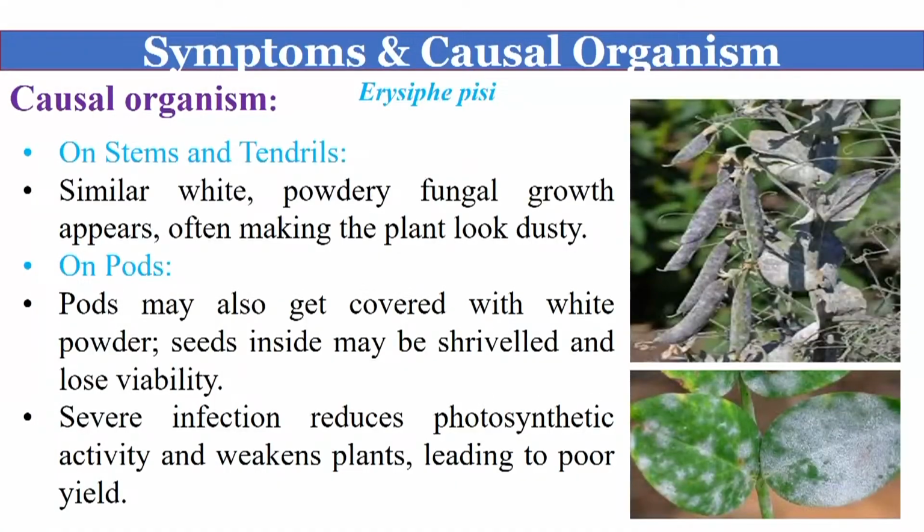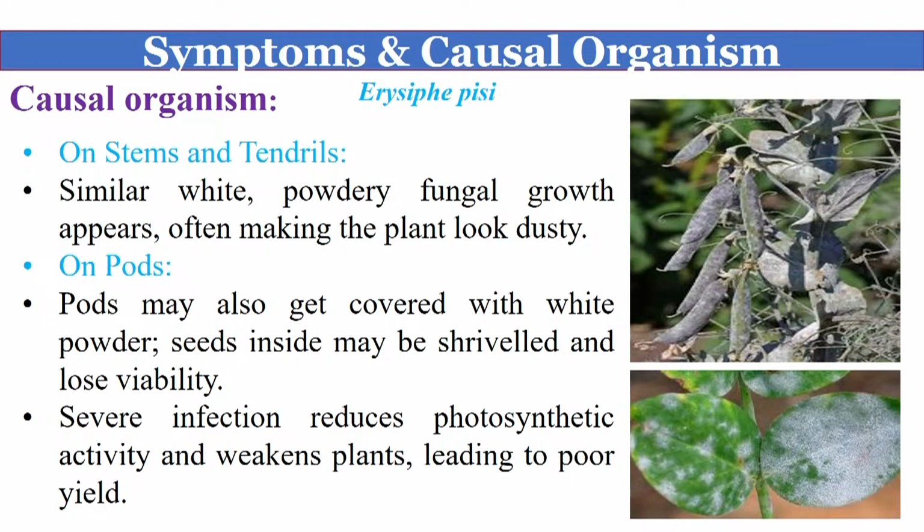The infected leaves turn yellow, shriveled and dry prematurely, and the stem and tendrils are also affected by this pathogen. Similarly, white powdery fungal growth appears. You can see in the photographs how the pathogen affects the pea pods as well as leaves and tendrils.